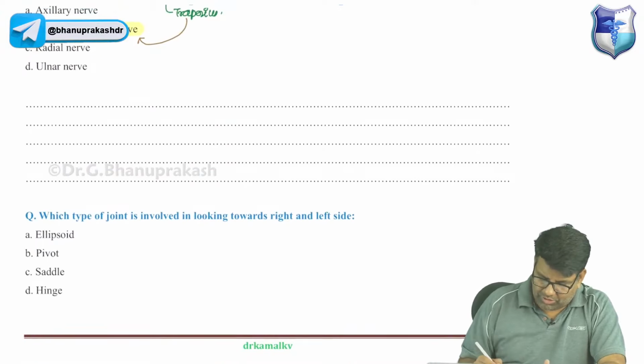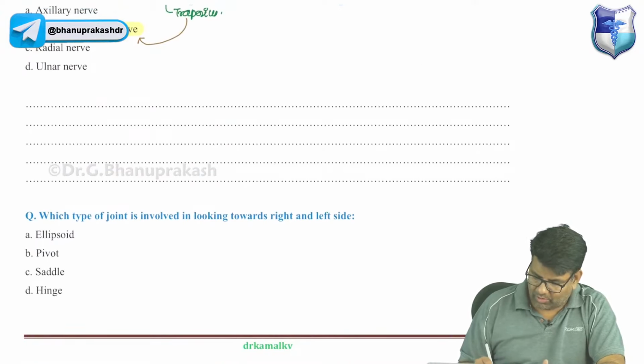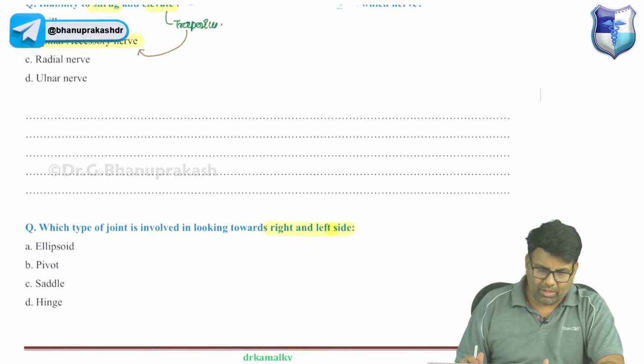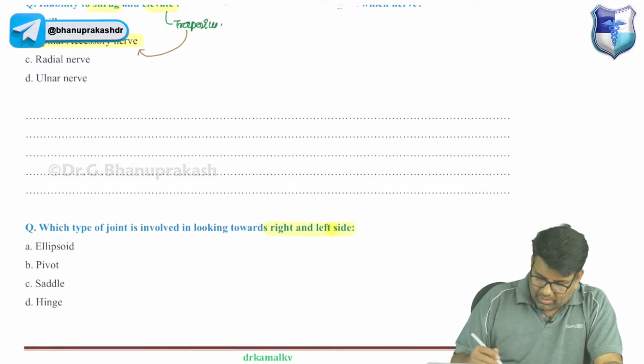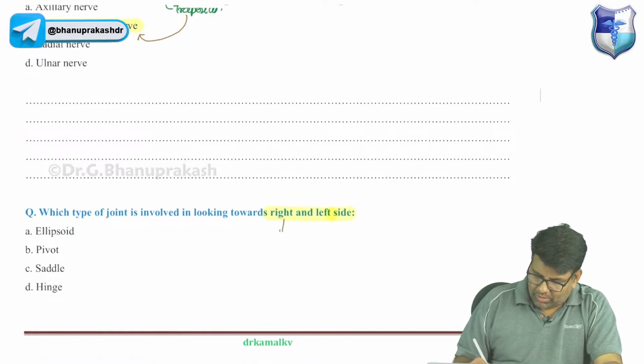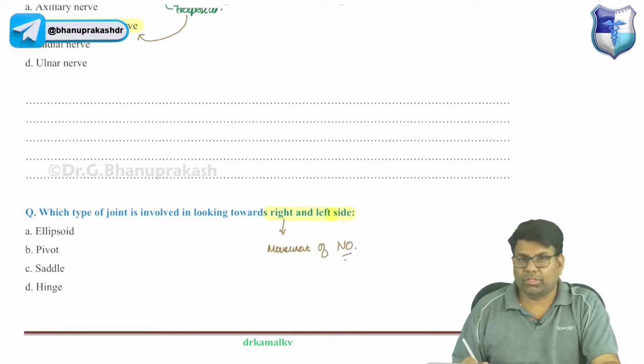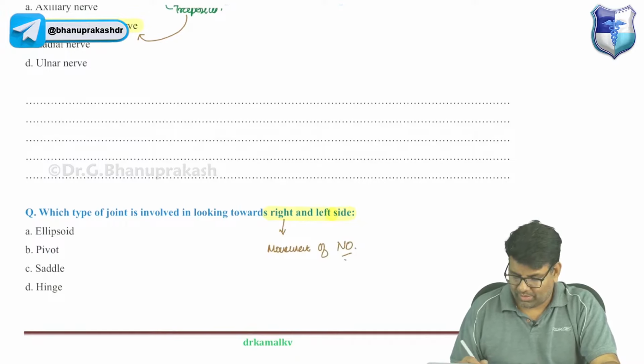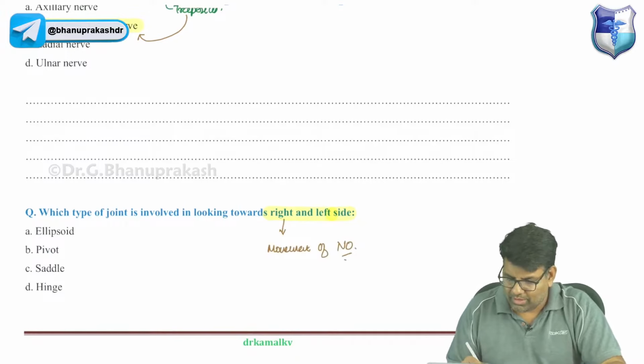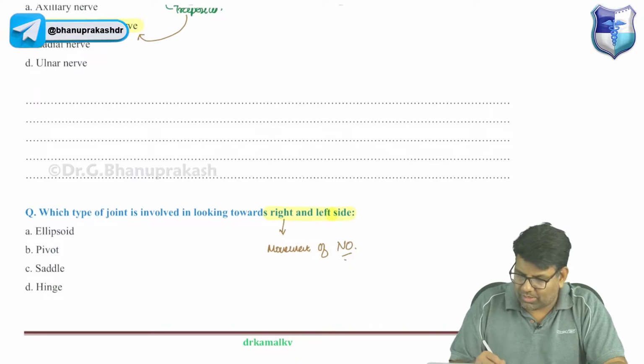Now, which joint is involved in looking right or left? Any idea? In other words, movement of no. You want to say no. Yes, right.